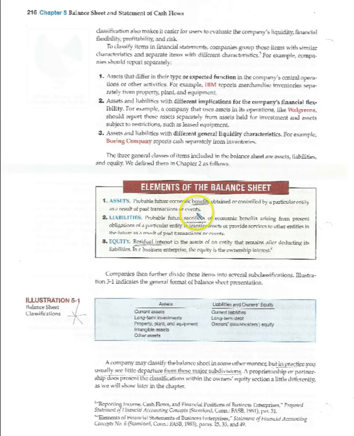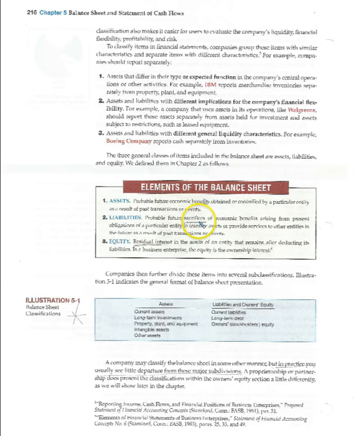And they're a result of past transactions. So the car that the company owns is a result of a transaction in the past when we purchased the car. We have the car because we bought it previously, but it's going to give us future benefits because I'm going to continue to use it in the future to get around.